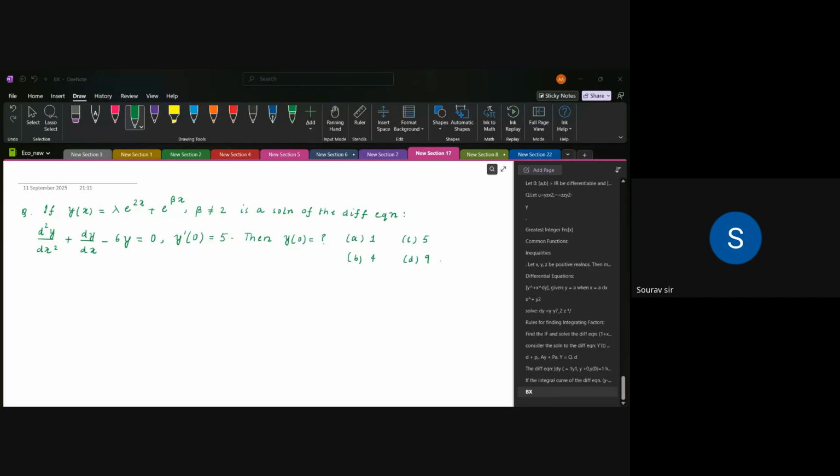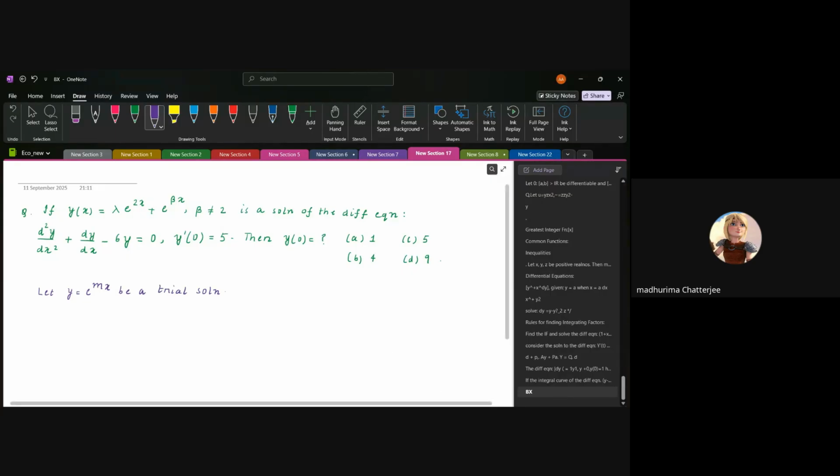Okay, so you are going directly with solving the differential equation first, right? That's how you're getting the auxiliary equation. So let y equal e raised to the power mx be a trial solution. Actually, we can see directly that one of the roots will be 2 and the other beta.